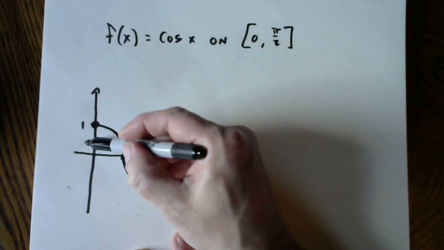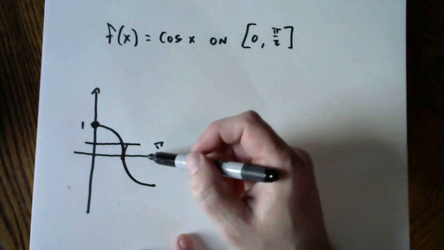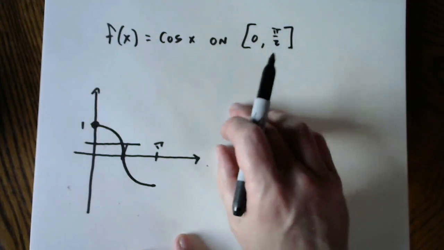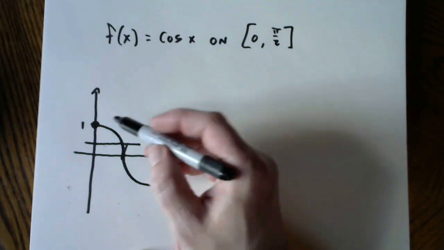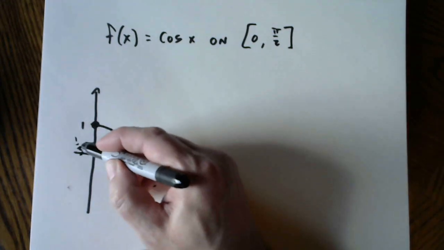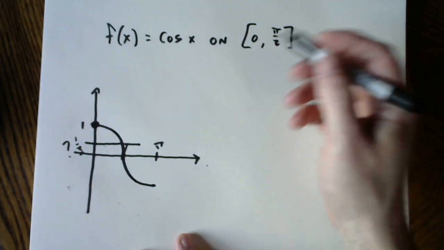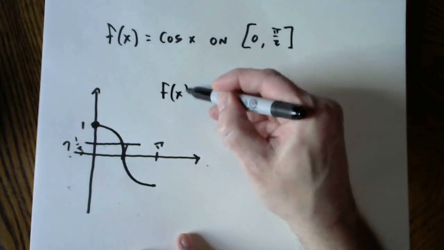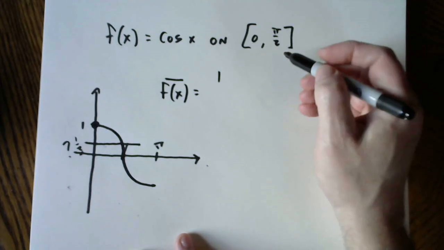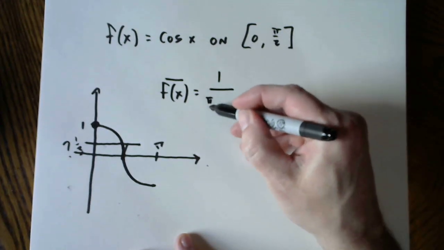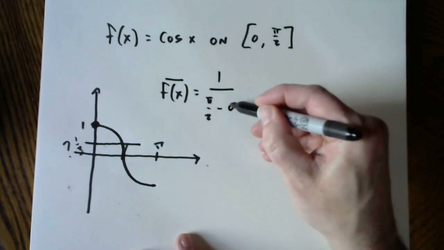Which means my average is somewhere in here. So likely this result will have a pi in it. But clearly this is less than 1, maybe a third. I don't know. We'll find out. Again, the average value, 1 over pi over 2 minus 0.